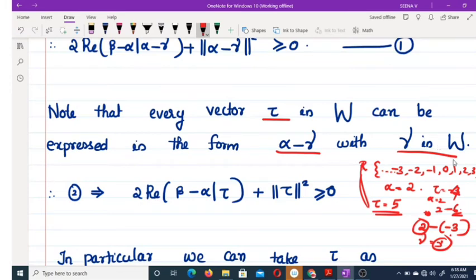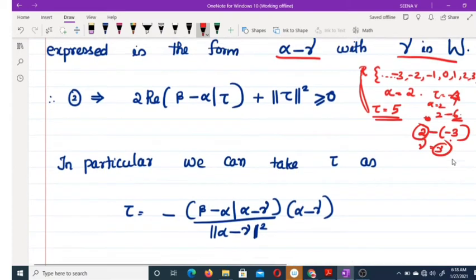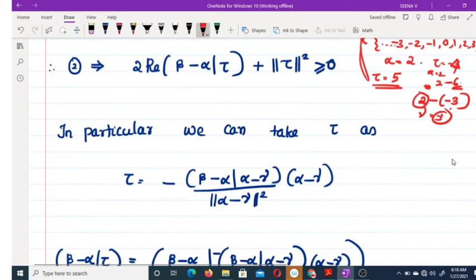So 2 times the real part of the inner product of beta minus alpha and tau plus norm of tau square is greater than or equal to 0. So you can take any tau that belongs to W. In particular, if you take tau as minus inner product of beta minus alpha, listen carefully.